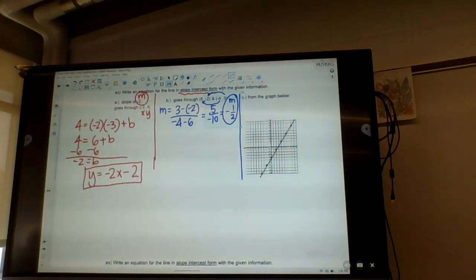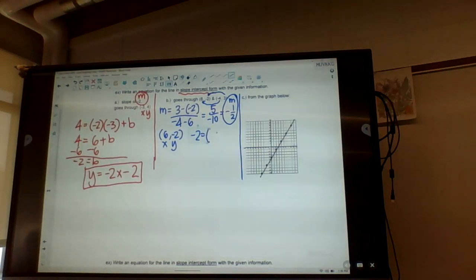But I still need to find my b value again. So I'm going to use one of these 2 points. So I'm going to use 6, -2 as my x and y. It doesn't matter which one you use. And I'm going to put that into y equals mx plus b. So -2 equals the slope times the x plus our b, which we don't currently know.